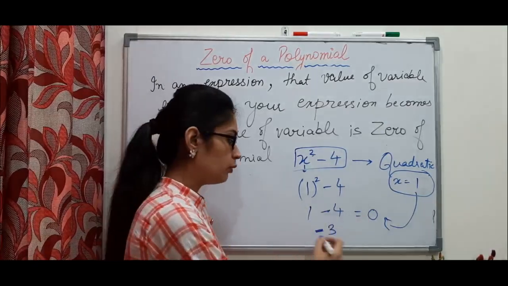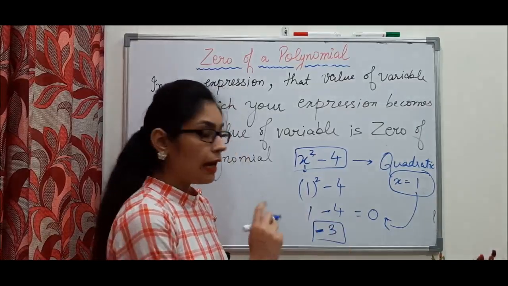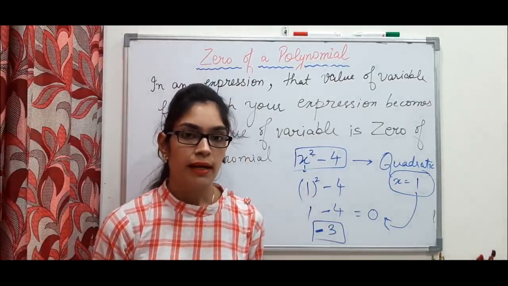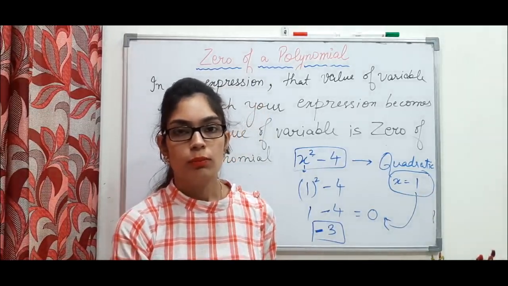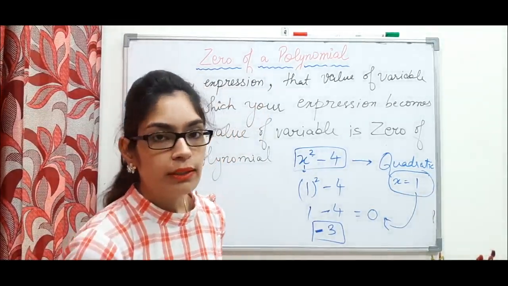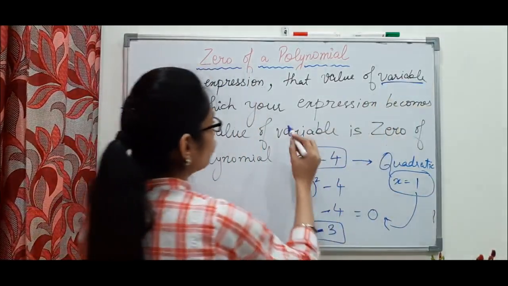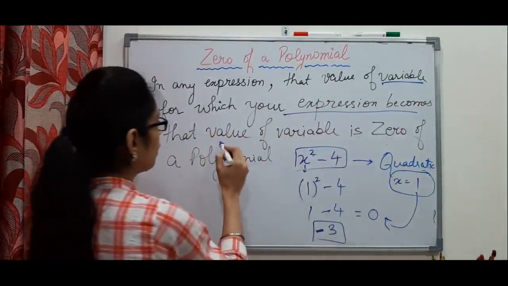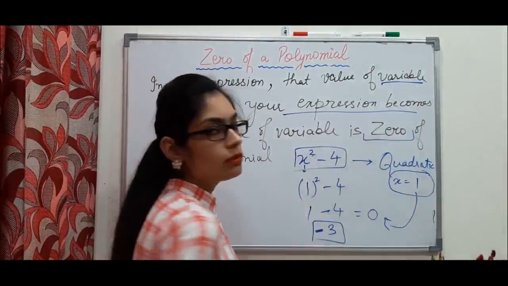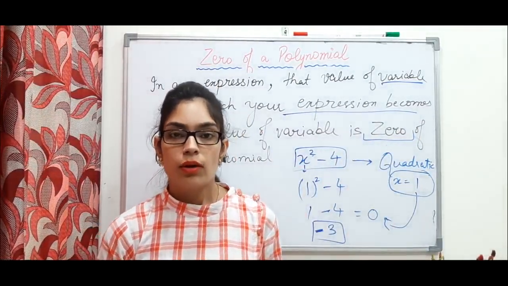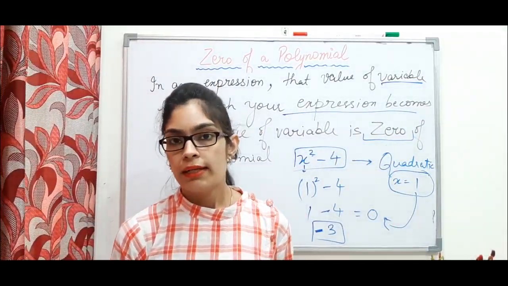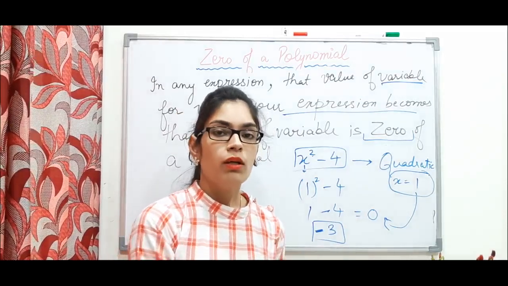I am not getting 0 as my answer, which means 1 is not a zero of the given polynomial. So only for that value of variable for which your expression becomes 0, that is known as zero of a polynomial. We'll understand this concept in a better way while we apply it in the exercise.